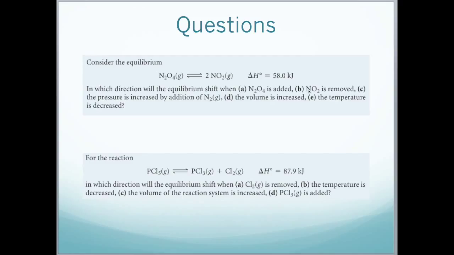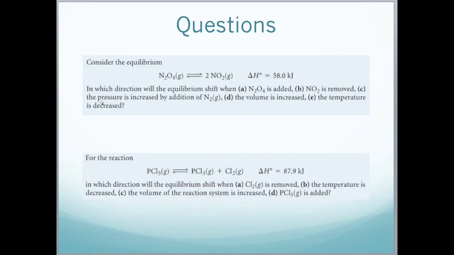For B, what will happen to the equilibrium if NO2 is removed? And NO2 is the product. The system will adjust to the removal of NO2 by shifting to the side that produces more NO2. Therefore, it will shift to the left, so we will have an increase in the reactant.